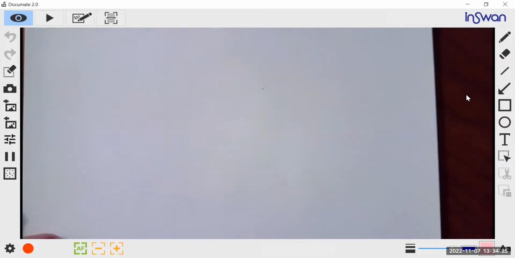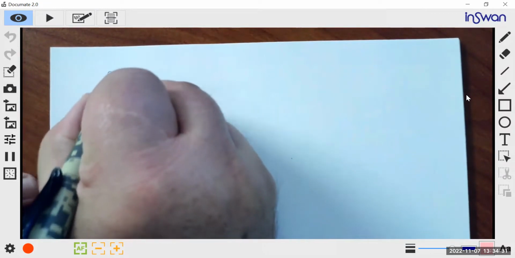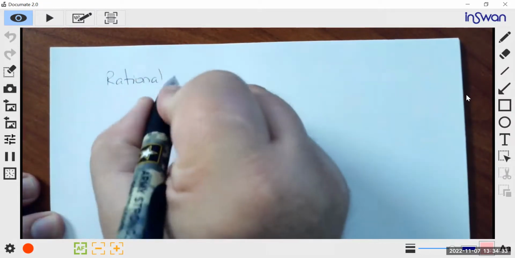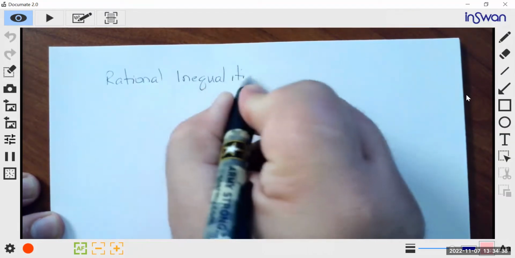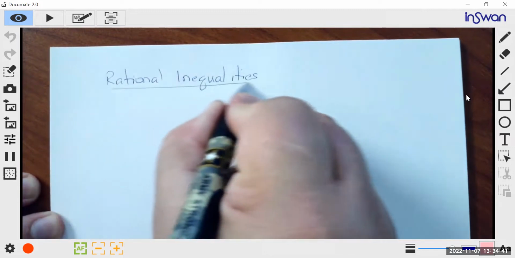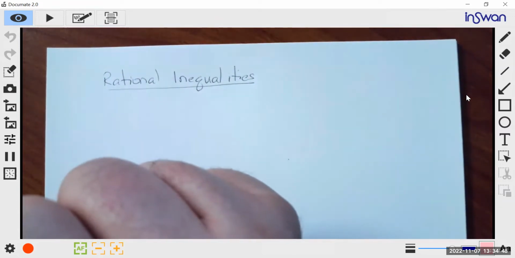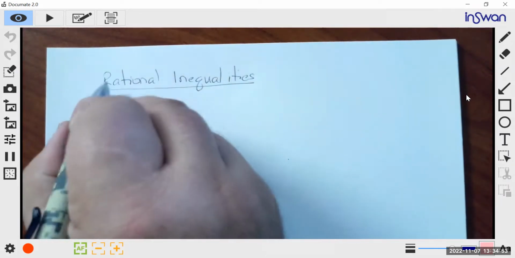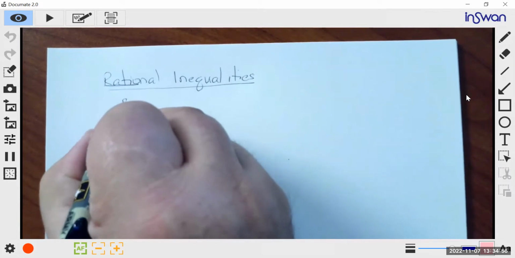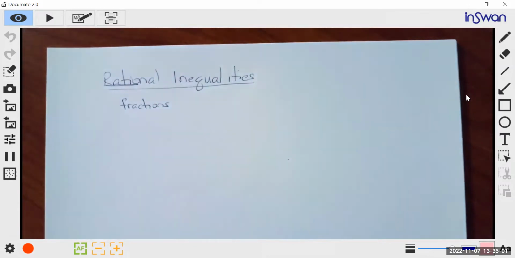Let's look at rational inequalities. Rational inequalities. What does that mean? What does rational mean? Fractions. Because ratio, the first part of the word, means fraction.